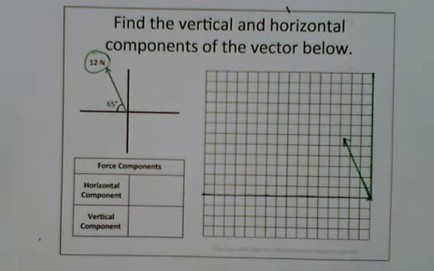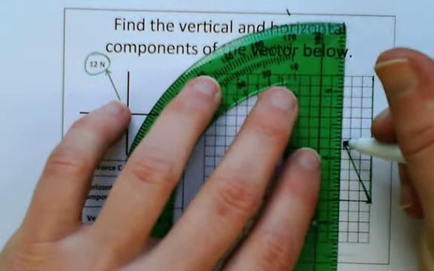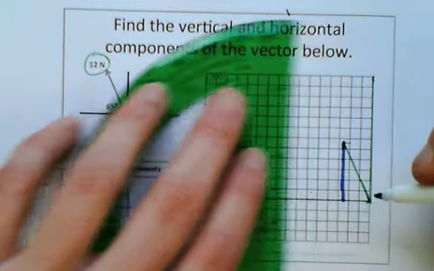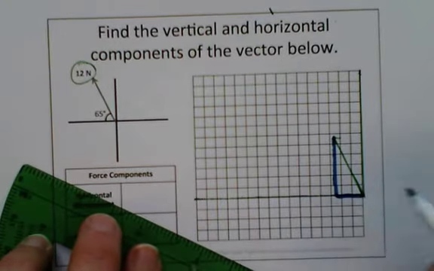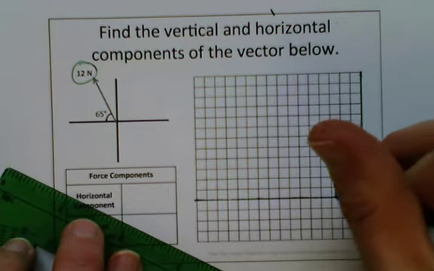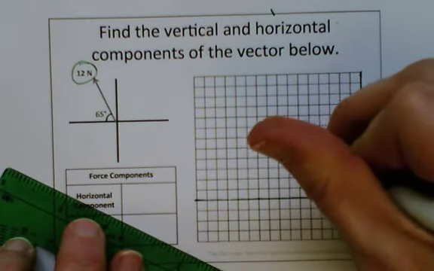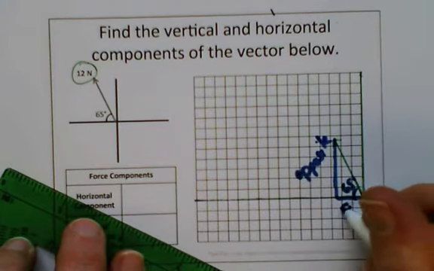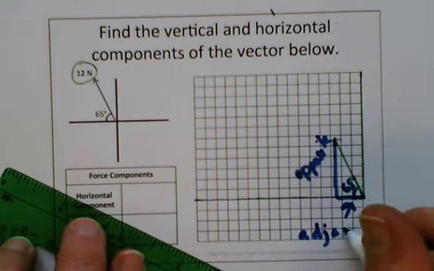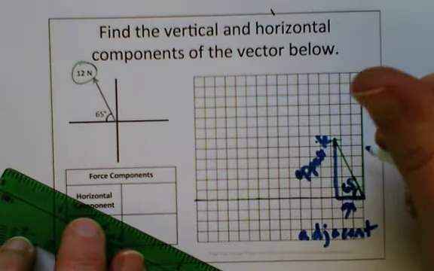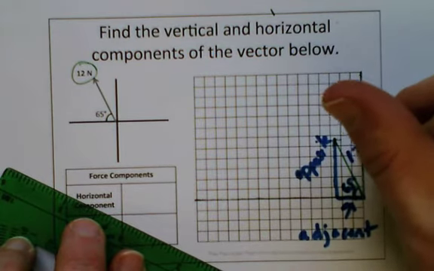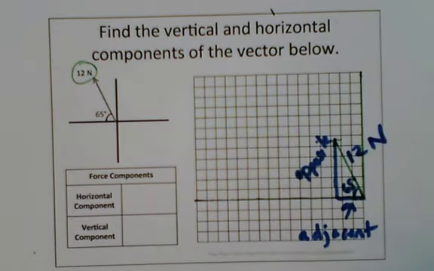Next I'm going to be finding the vertical and horizontal components, so I'll go ahead and draw those in. Since my angle down here is 65, then this is going to be my opposite side, and this is going to be the adjacent. The total length of the hypotenuse, or the vector itself, is 12 newtons.